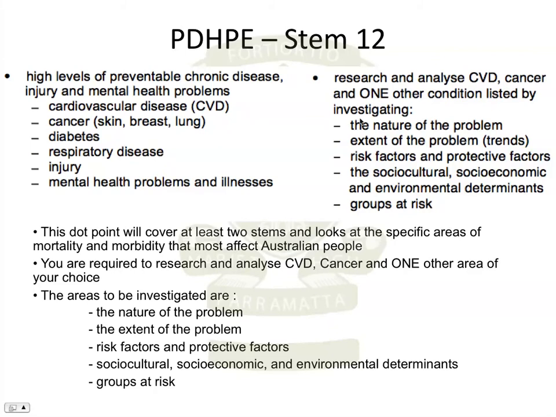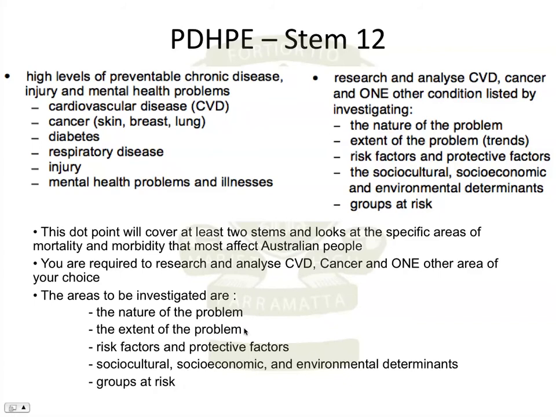So what we need to do is we need to actually break it up into 5 different areas, and you can see these areas listed here in the Learn 2 part of the syllabus. So we're going to look at the nature of the problem, the extent of the problem, risk factors and protective factors, the actual determinants, and the groups at risk.